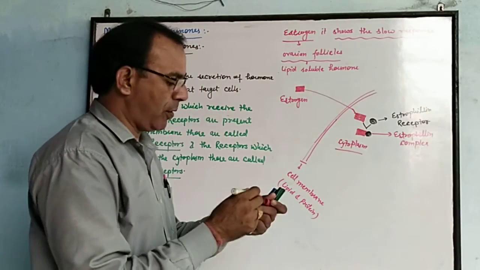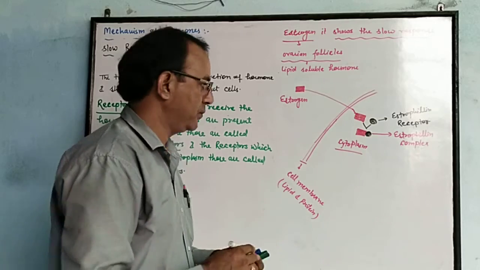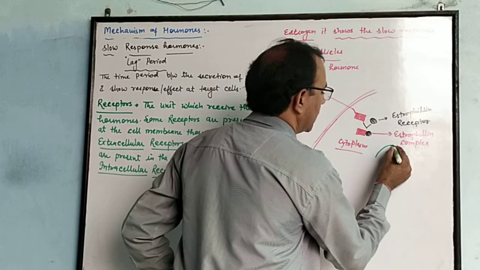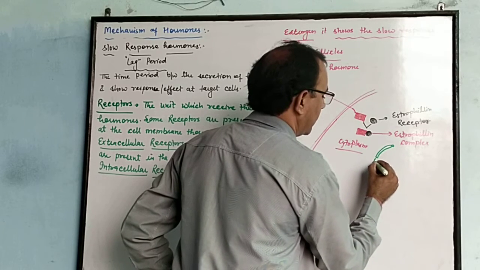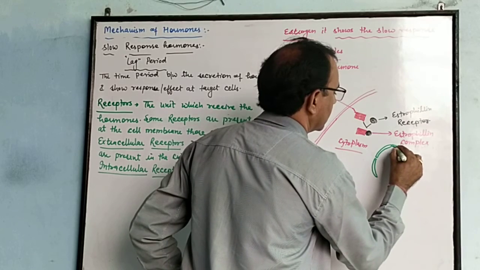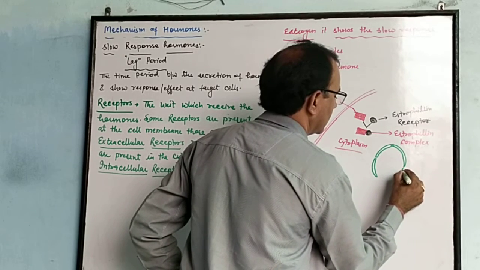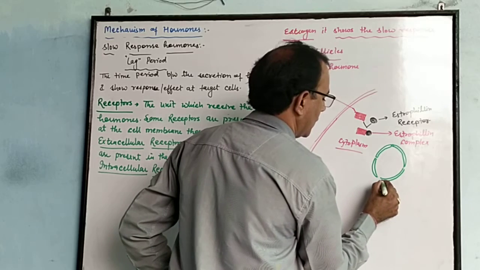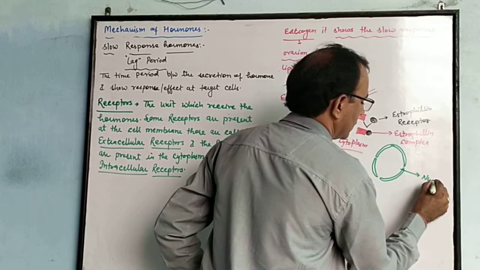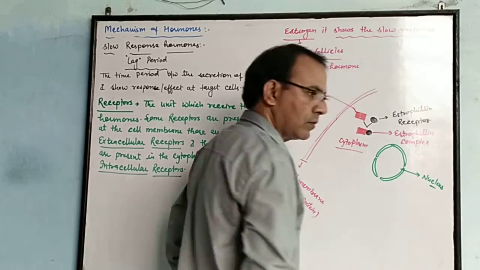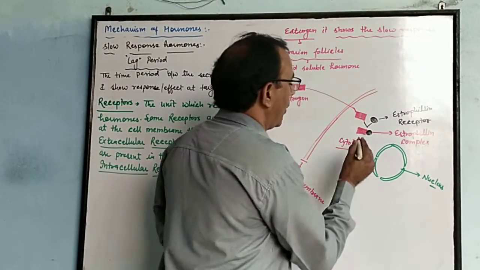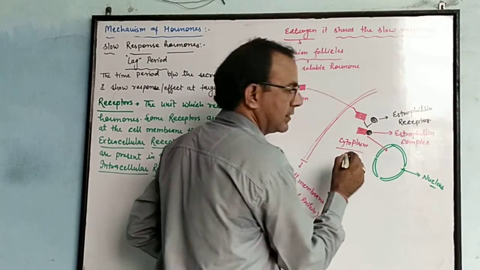This estrophilin complex, which means estrogen with the receptor, reaches the nuclear membrane. This is the nuclear membrane, which is a double layer membrane. This one is the nucleus. The estrophilin complex reaches the nucleus.